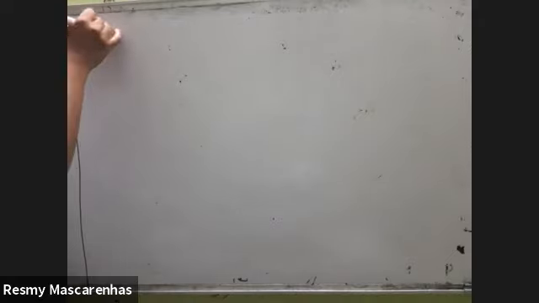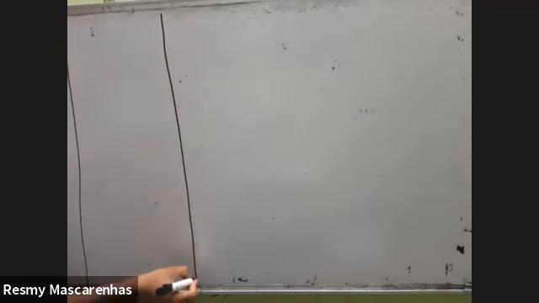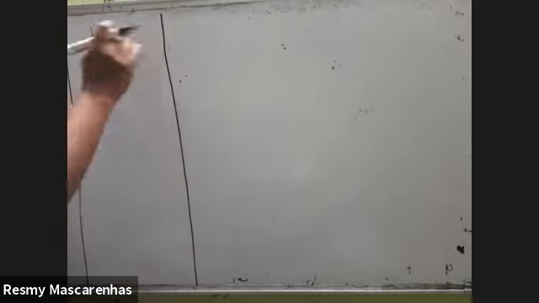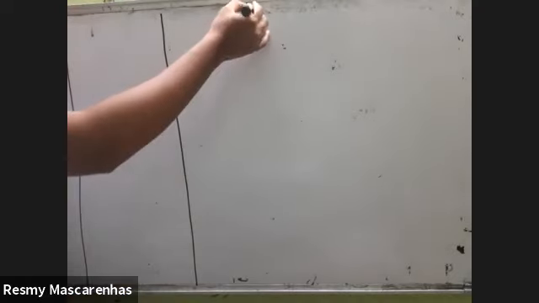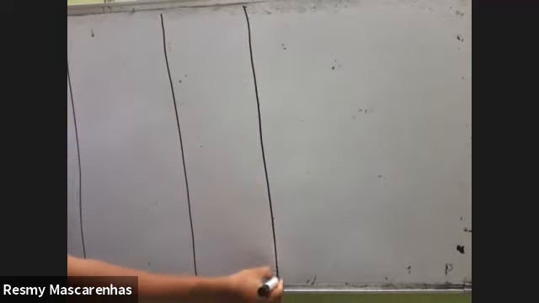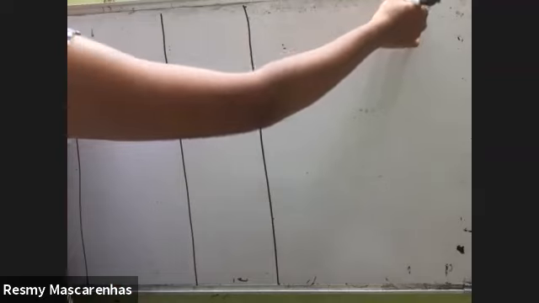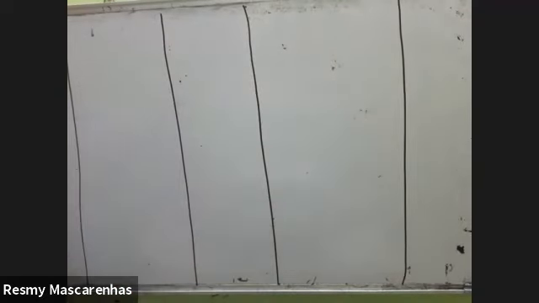Then was the physical quantity. This I must already be having, so I'm not wasting time writing it again. Then was the dimensional formula, and then the unit.